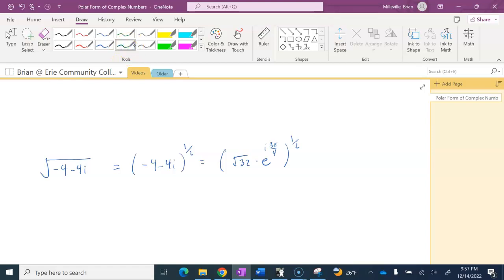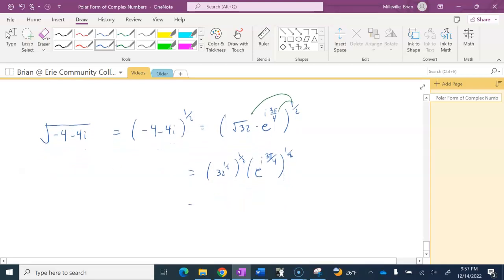So again, what we've got to do is, like we did before, distribute our exponents to each factor carefully here. We're really going to do the square root of 32, which we could write as 32 to the 1/2 power, and then raise that to the 1/2 power. So it's a square root of a square root. And then we're going to do e to the i 3 pi over 4 power, and raise that to the 1/2 power.